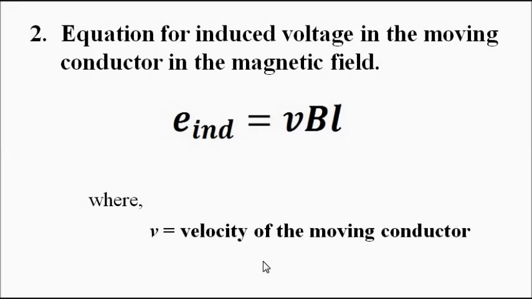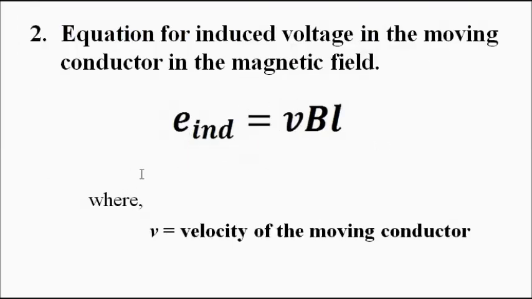The mathematical expression of that induced voltage in the moving conductor in the magnetic field is given by small v, capital B, L. Small v is the velocity, or the angular velocity, of the rotating or moving conductor in the magnetic field, capital B is the magnetic flux density, and L is the length of the conductor. So this is the expression for induced voltage. So this is the first equation, this is the second equation.